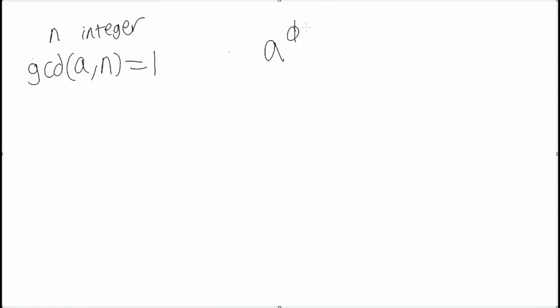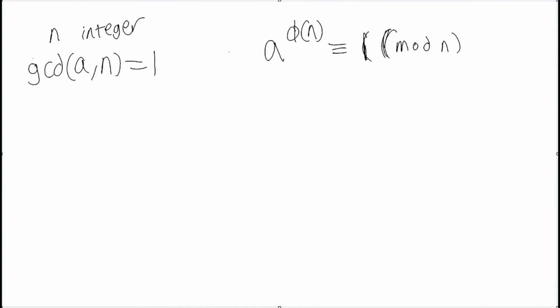Now here's the surprising part. Suppose that n is an integer as we had before, and a is such that GCD of a and n is equal to 1. Then Euler's theorem states that a to the power of phi of n is equivalent to 1 mod n, as I said earlier.